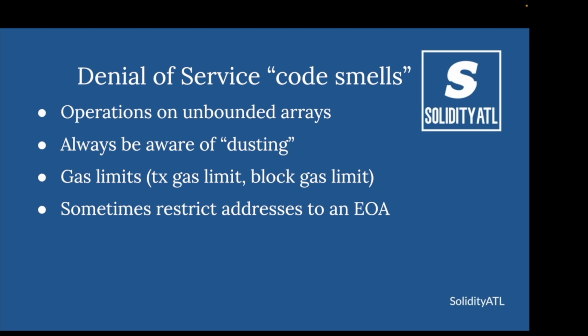There are also gas denial of service vulnerabilities, if there's an array with tens of thousands of addresses to try and loop over where it just reaches the block limit. So those are some things to look out for.